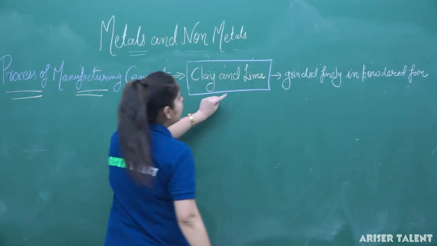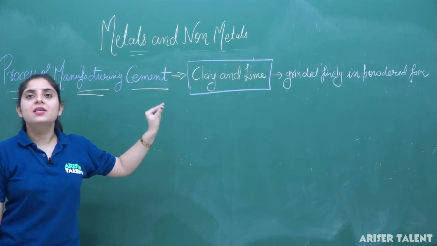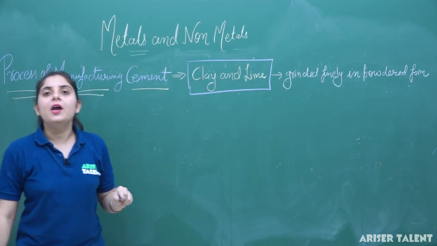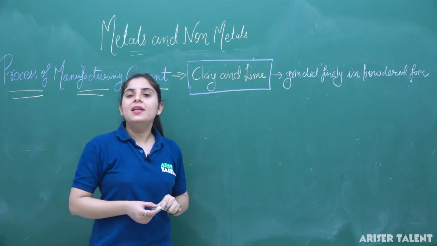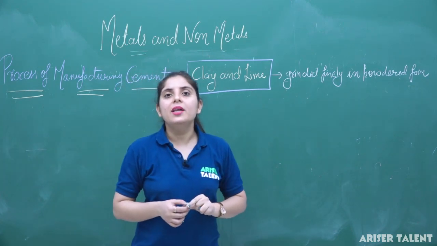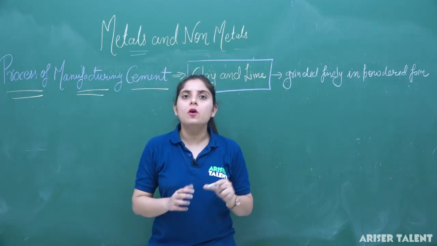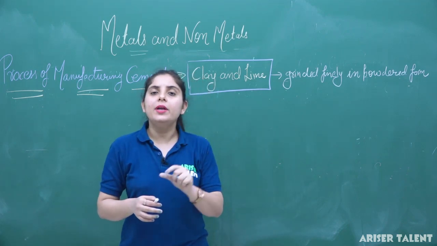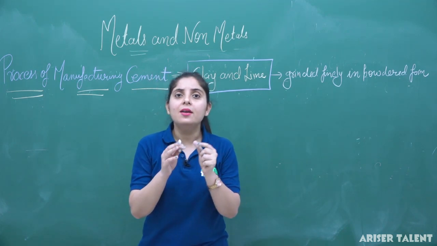After grinding these particles into powder, we put that powder in a rotary kiln. This rotary kiln is set to a temperature of 1770 to 1870 Kelvin, which is a very high temperature.